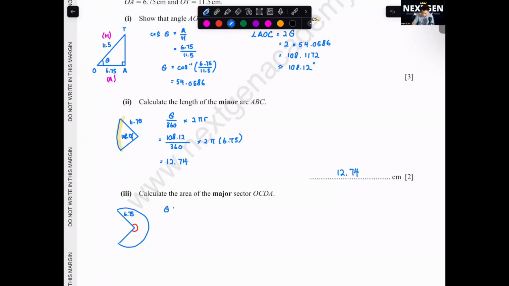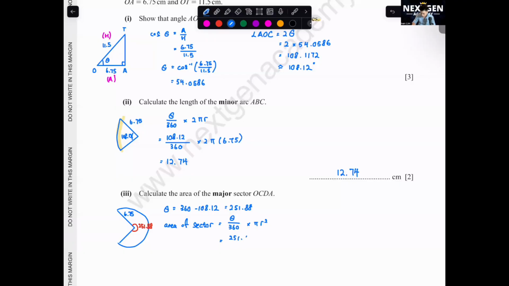This theta will be equal to 360 minus 108.12, which will get 251.88. Then the area of sector formula will be equal to theta over 360 times pi r squared.